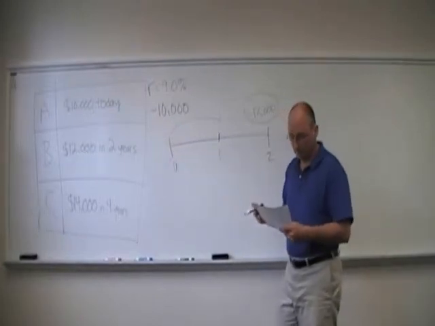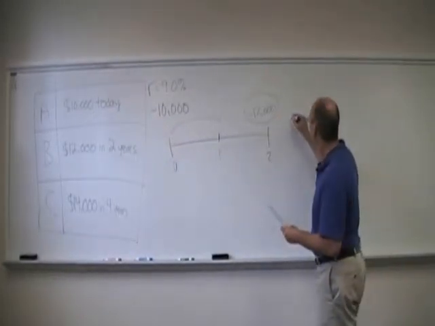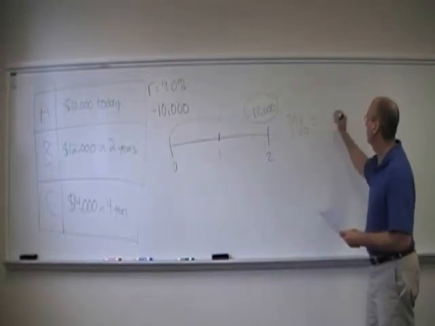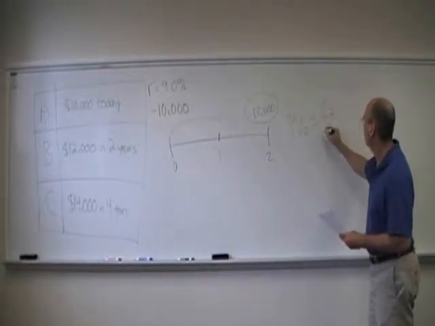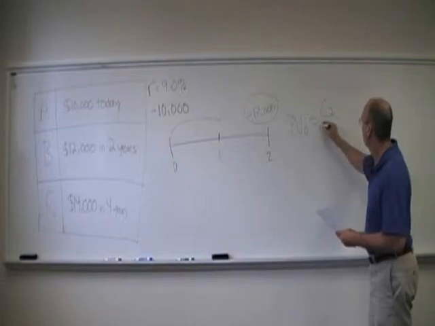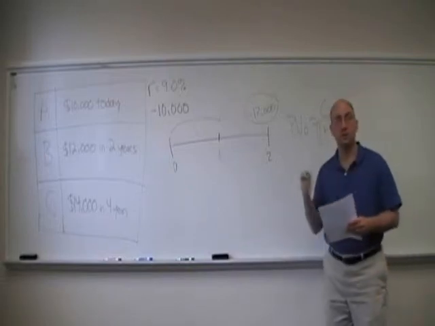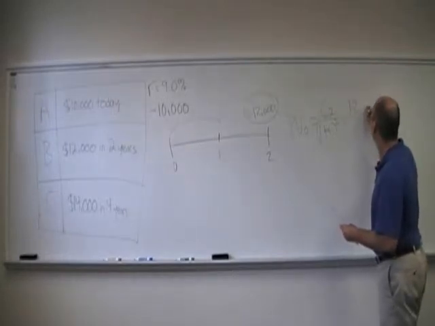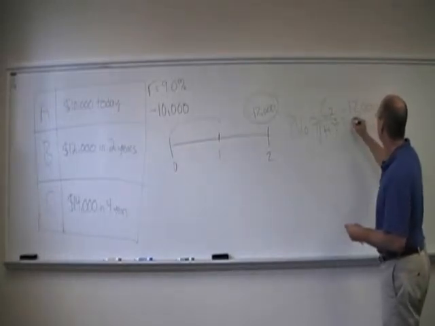So what is that? Well, we know we want to find the present value. It's equal to the cash flow in 2 years over 1 plus the discount rate squared, which is equal to negative 12,000.